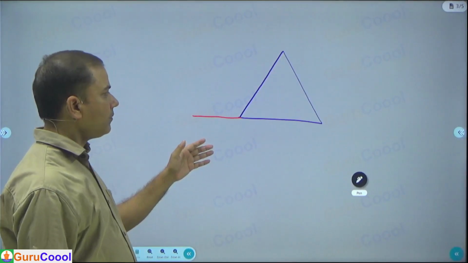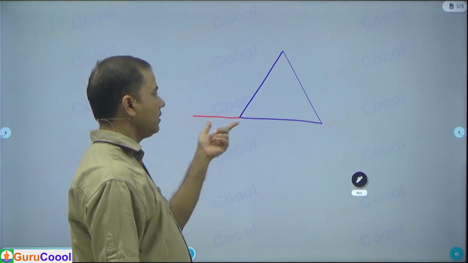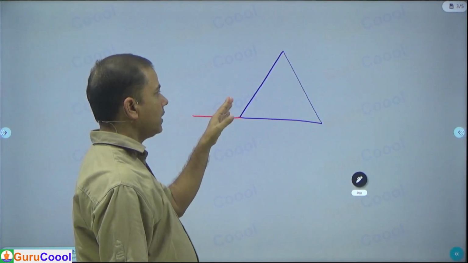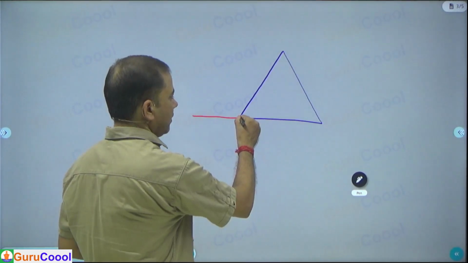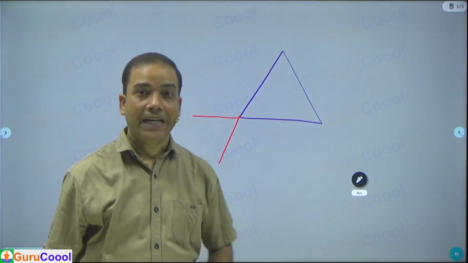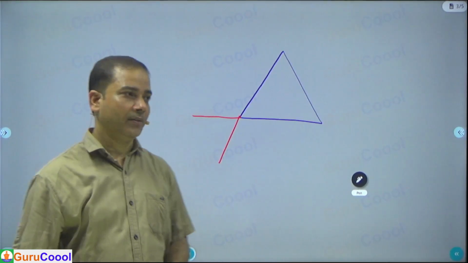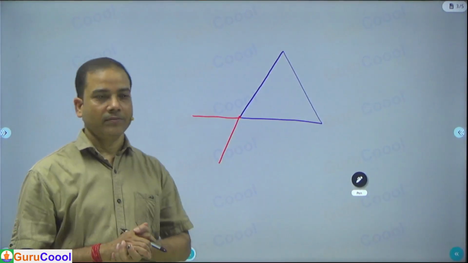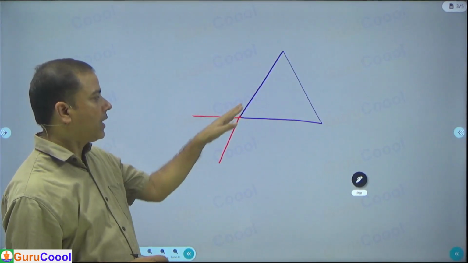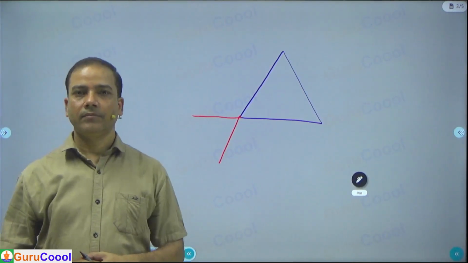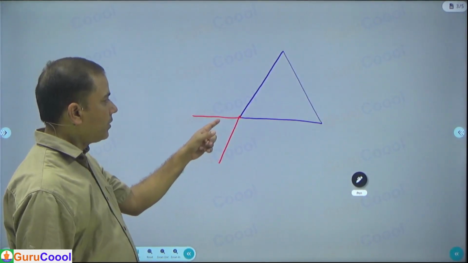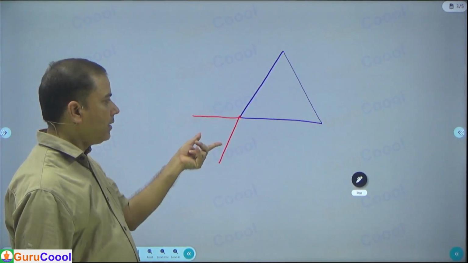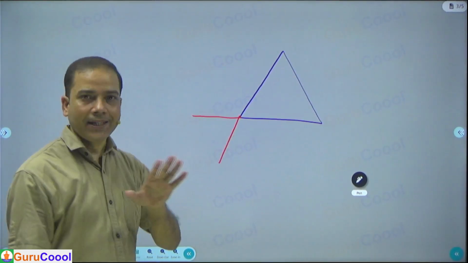Well, if I have considered this direction to extend this side, then I will consider this side to extend in this direction. Actually, it's wrong. Sorry, it's wrong. We cannot extend this side to this direction. How to know that? You can remember this way. Since two sides are getting extended and crossing each other, that should not happen.